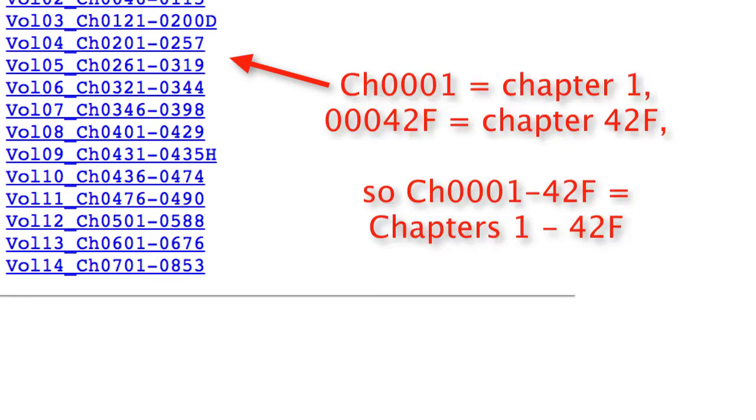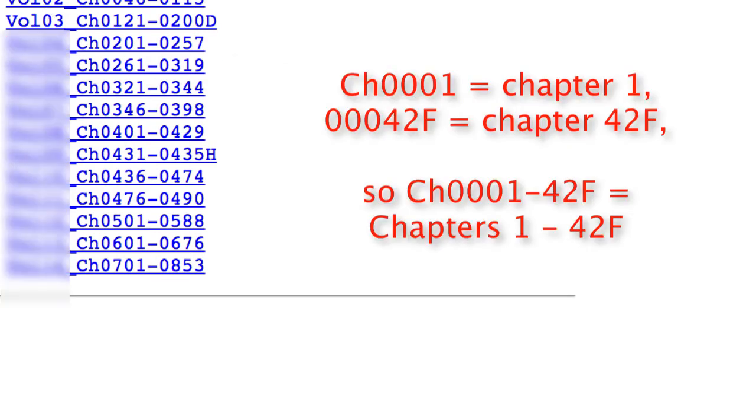And all this is are the different sections of the HRS with the numbers padded out. So for example, this first section here, Vol 01, Chapter 0001-0042F, means this is in Volume 1 of the HRS, and you don't need to really know this unless you're looking at the hard copy.